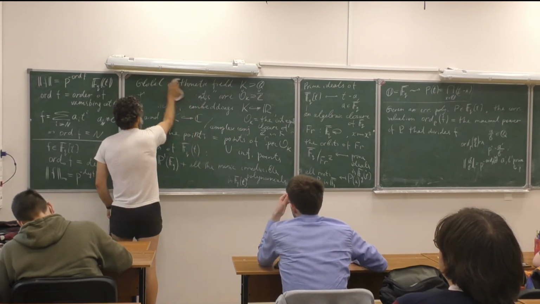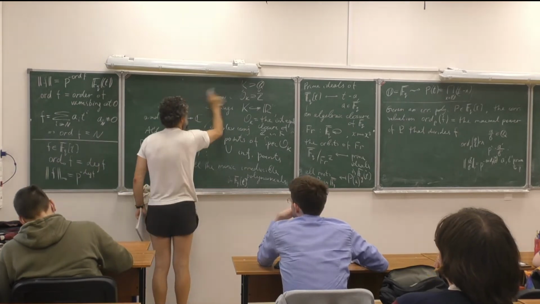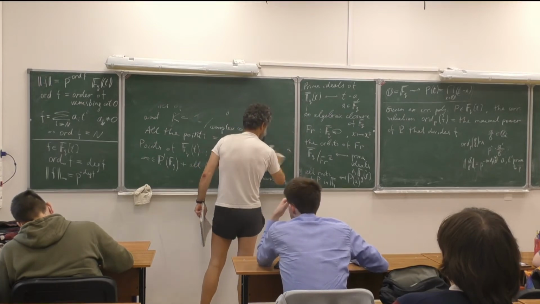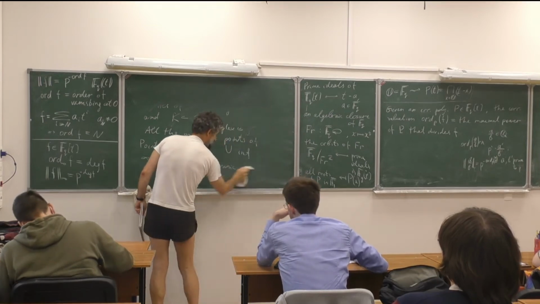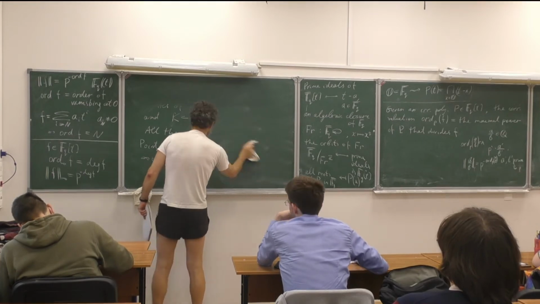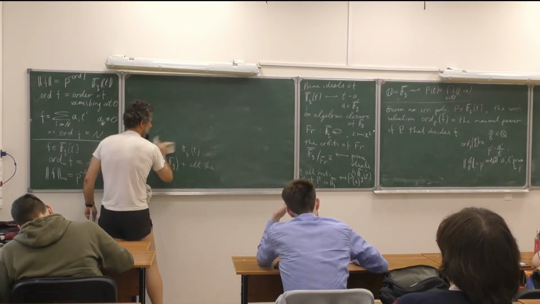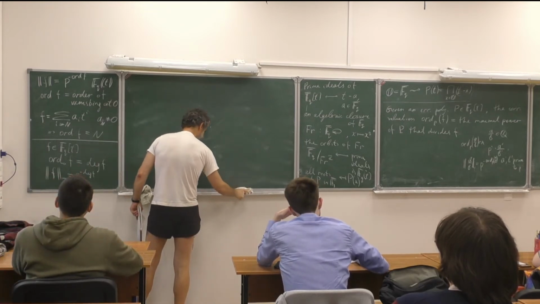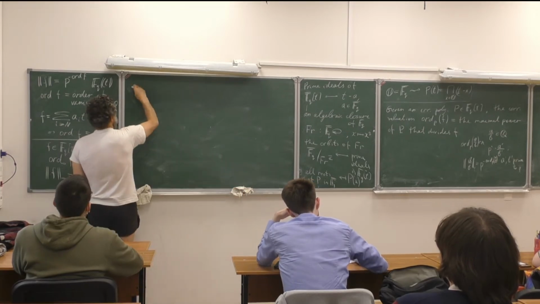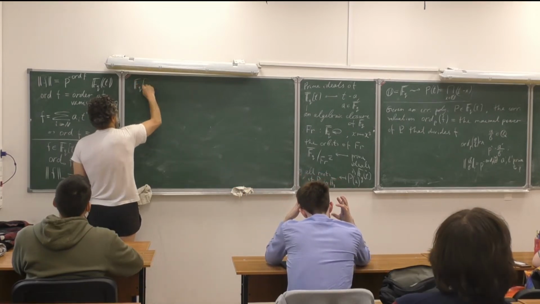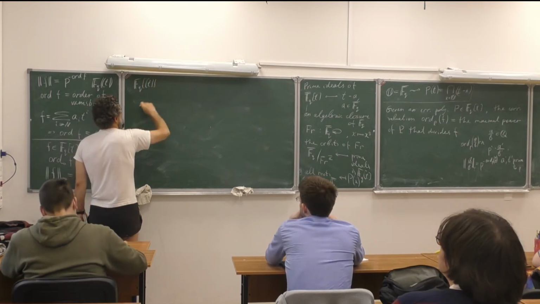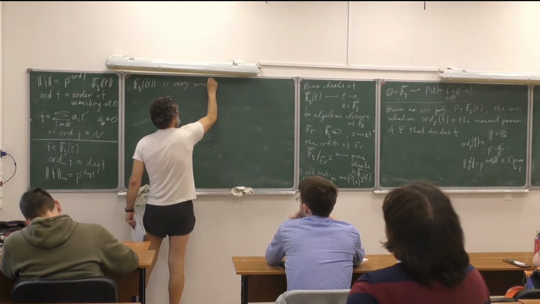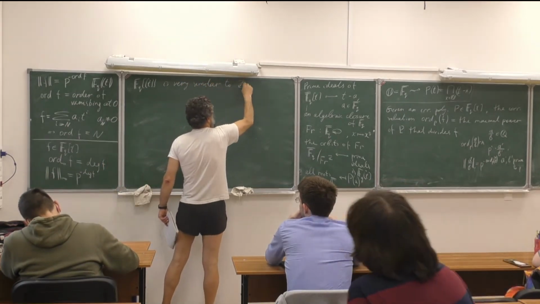Now, the local ring itself and the local field are very similar to the p-adic integers or rational numbers.